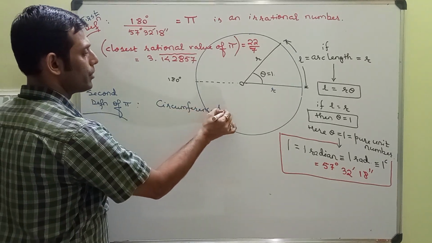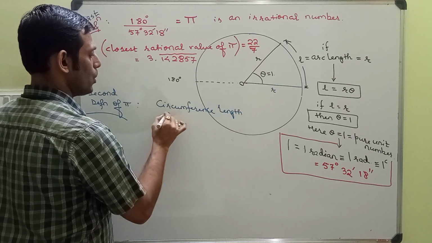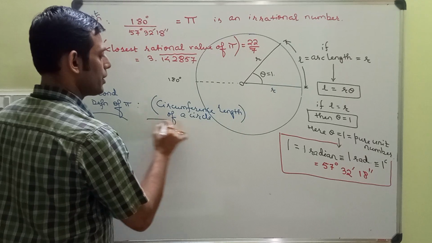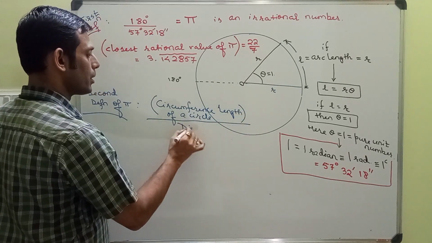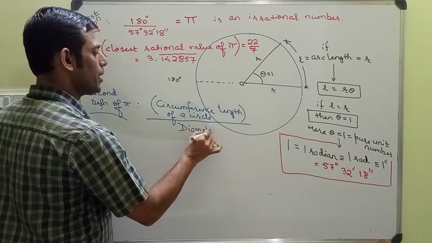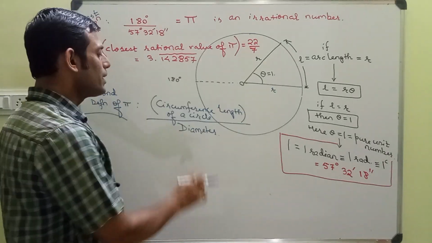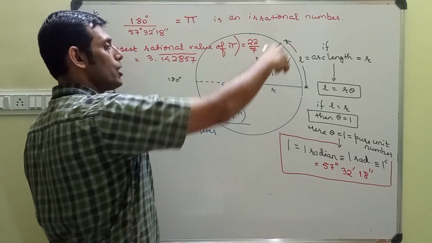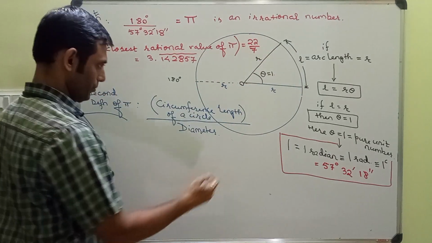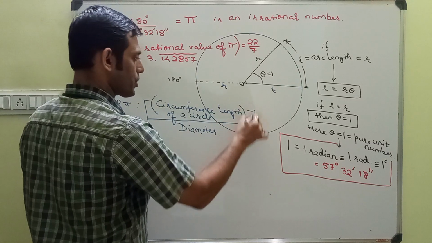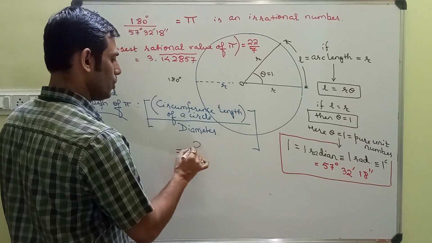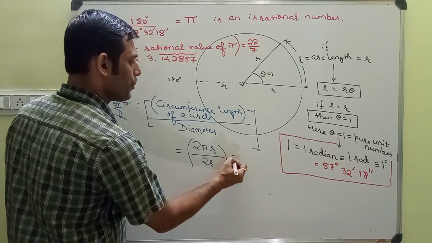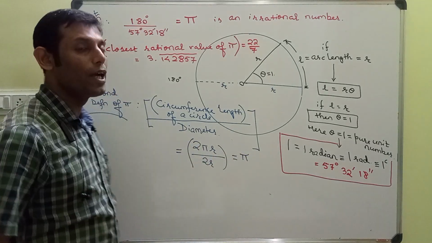Circumference length of a circle divided by its own diameter. What exactly is the diameter length? 2r. And what's the circumference length? 2 pi r. That means this calculation comes up as equal to 2 pi r by 2r and provides pi as a ratio.